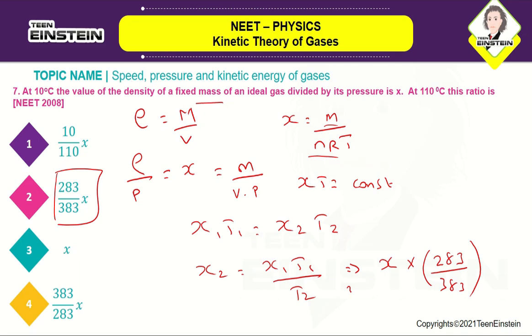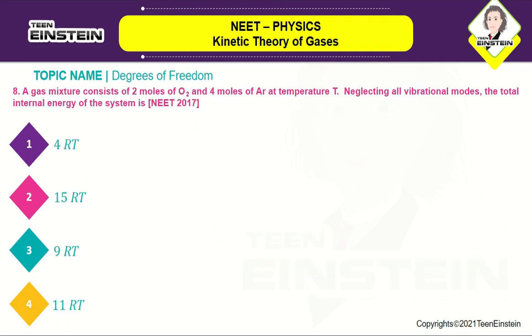So xT will become constant, and x1 T1 is equal to x2 T2. So x2 you are going to find out, you know the value of x1 T1 and T2, you are going to substitute in it. That's all. Okay, so let us move on to the next question.